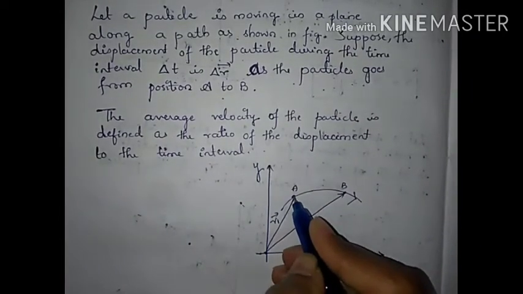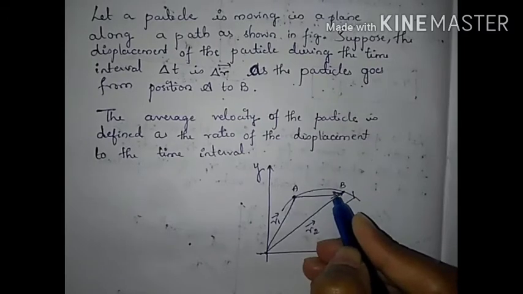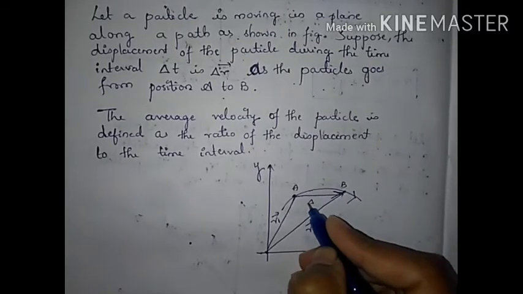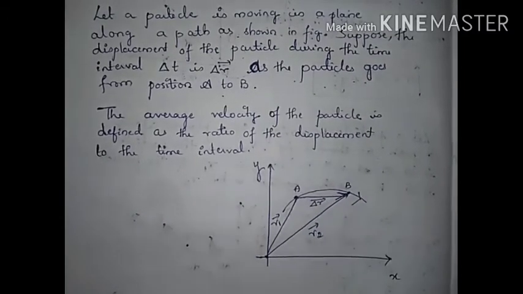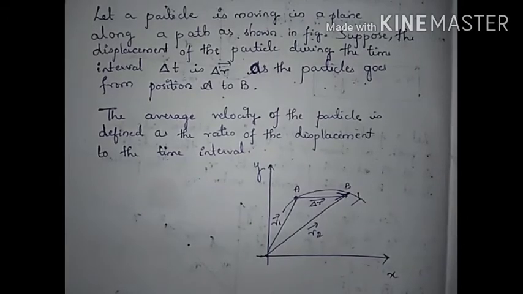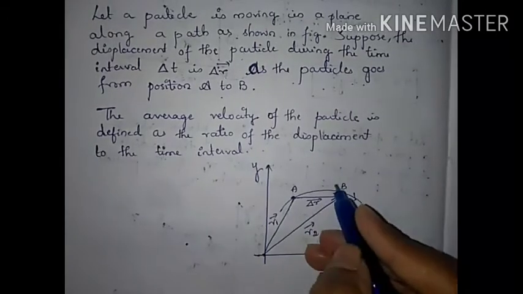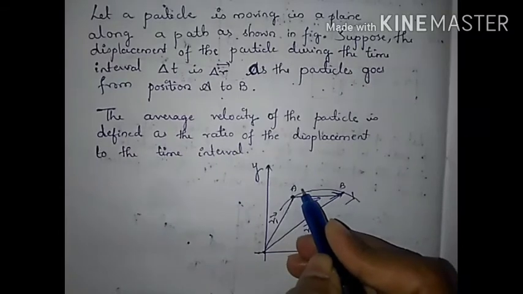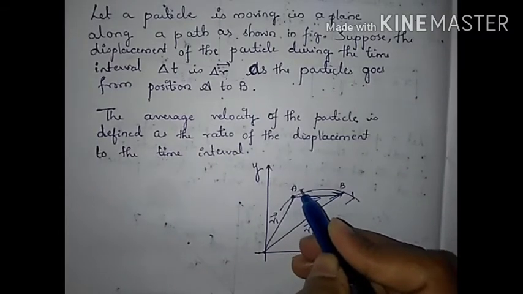Now delta r will be in this direction and this is delta r. Now the direction of velocity, average velocity will be in this direction.